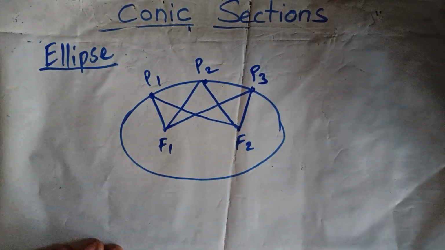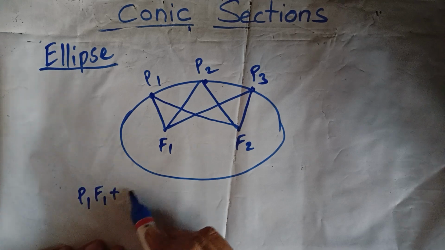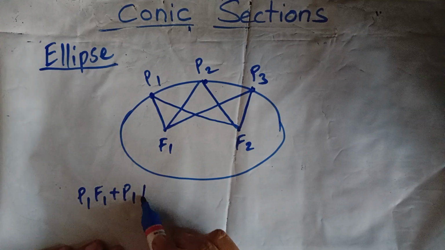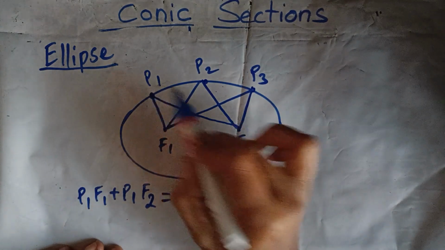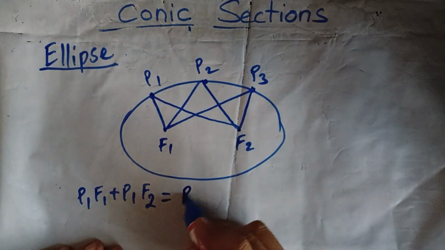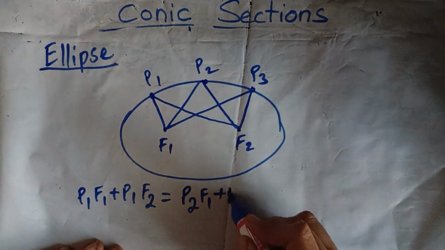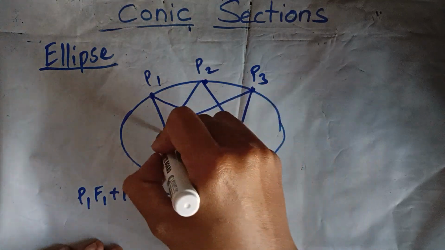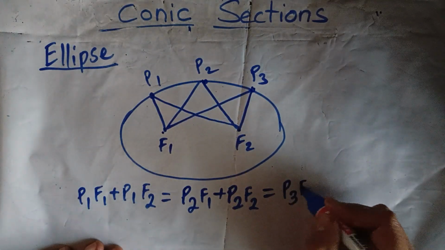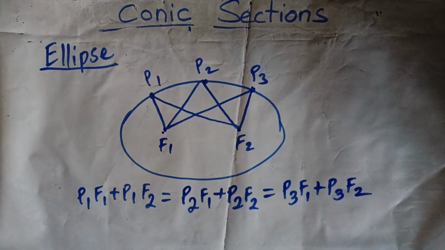So the sum of the distances, that is P1F1 plus P1F2, is equal to P2F1 plus P2F2, equal to P3F1 plus P3F2. So these sums are constant.